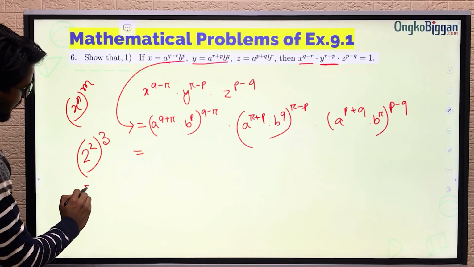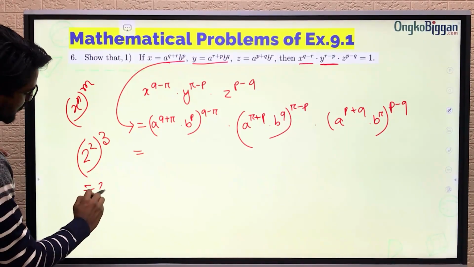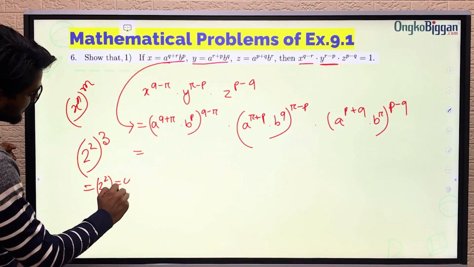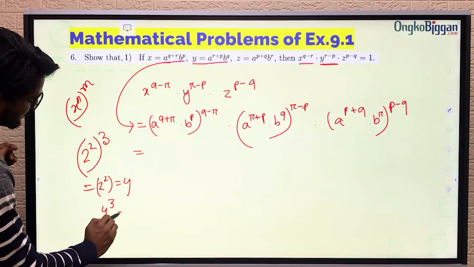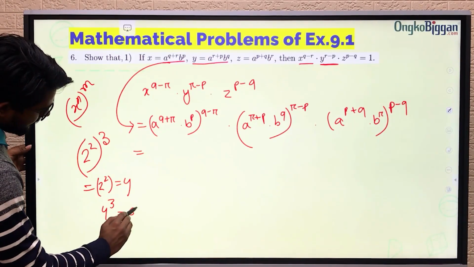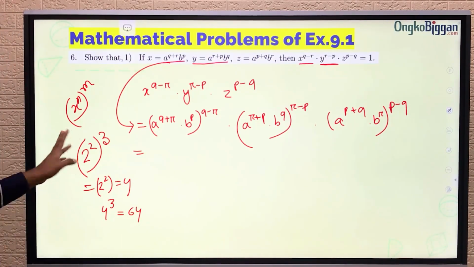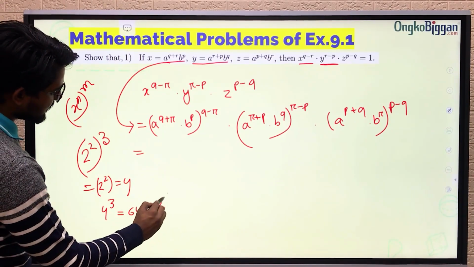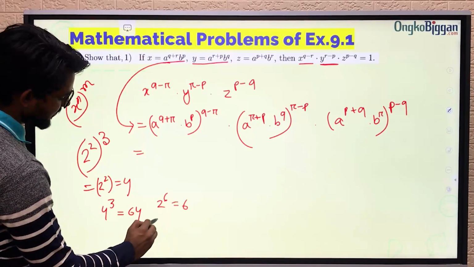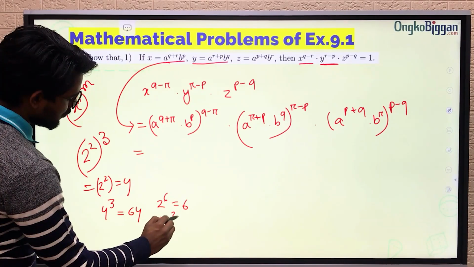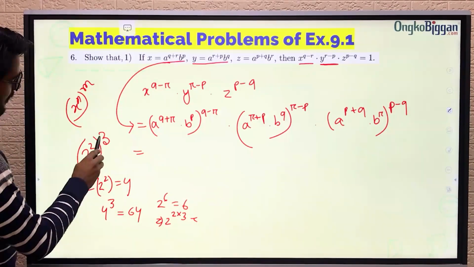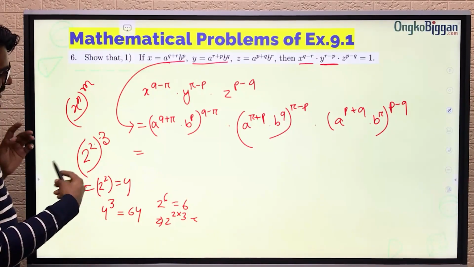So 4 cubed is basically 64. So we can also write that 2 to the power 6 is also 64, that is basically 2 into 3. So we see that this power is just multiplied with the existing power.